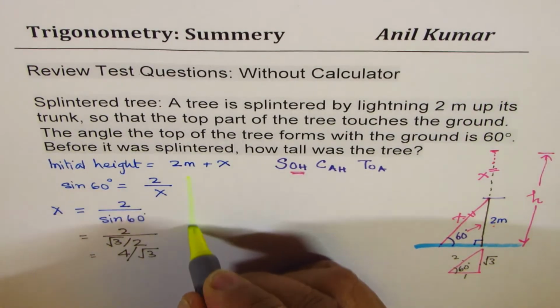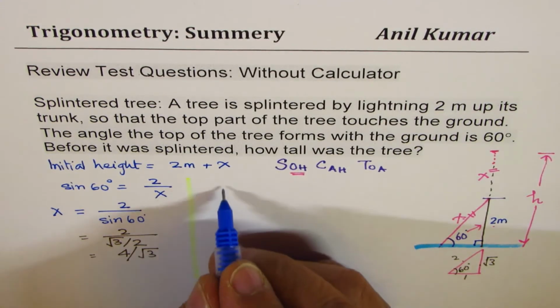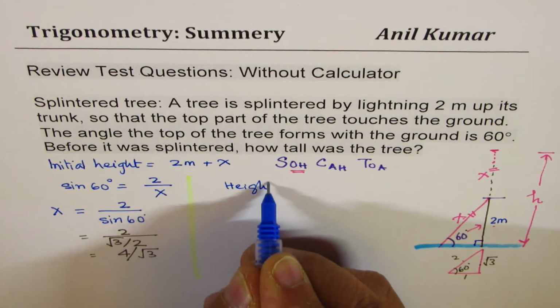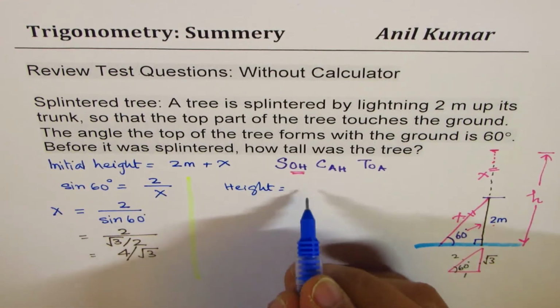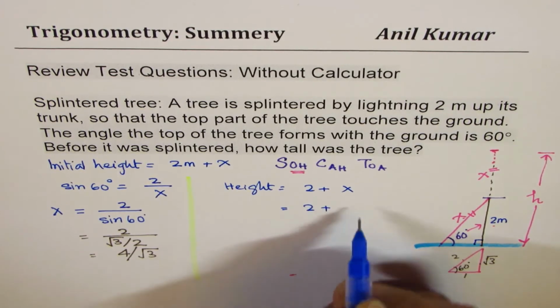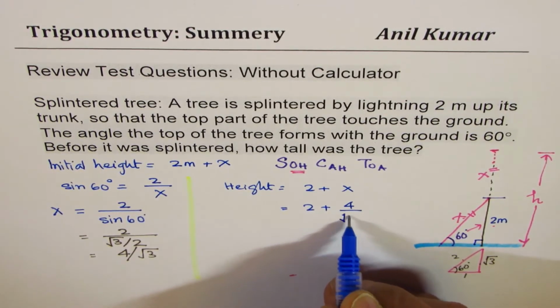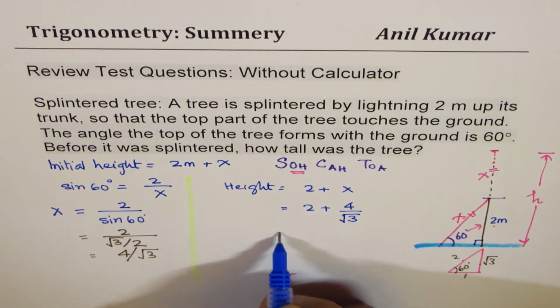So we get the value of x. Once we know x, we can always find the original height. So original height is equal to 2 meters plus x, which is 2 plus 4 over square root 3. So you can just take a common denominator.